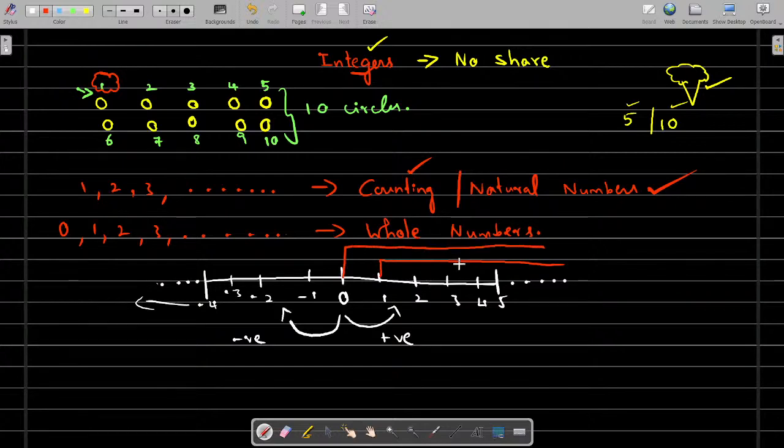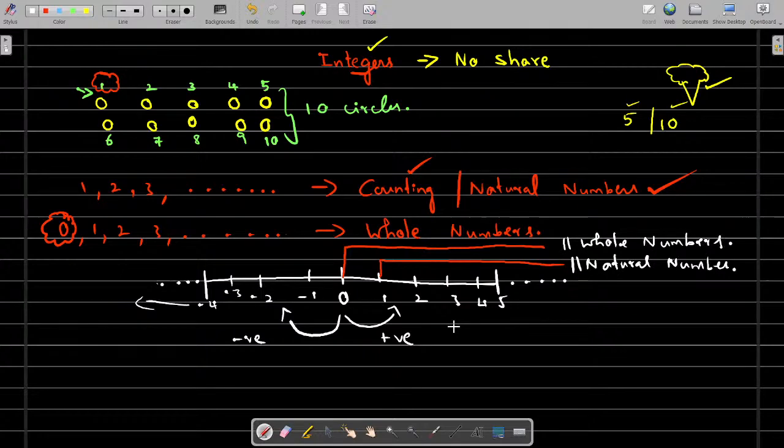What's the difference between natural numbers and whole numbers? Only this 0 is the one value where it will be included in whole numbers. Is it okay? So this is the set of natural numbers, and if you include 0 along with the natural numbers, it's the set of whole numbers. Is it okay?